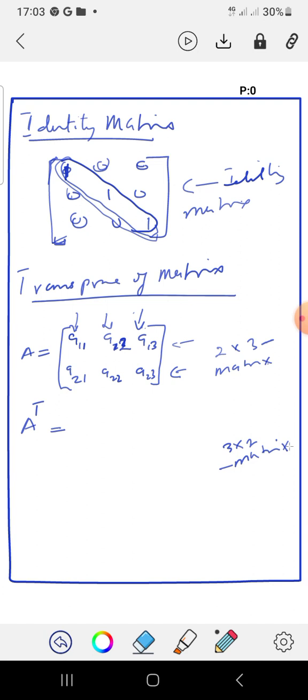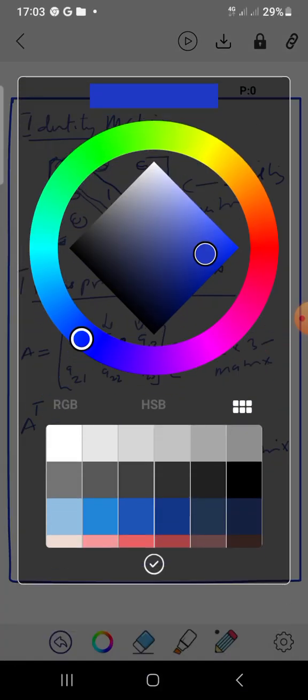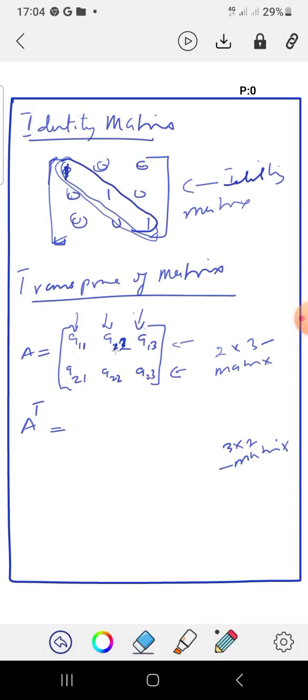What you do is that you interchange the positions of the indexes. So if it is A12, it becomes A21. Then A13 becomes A31.